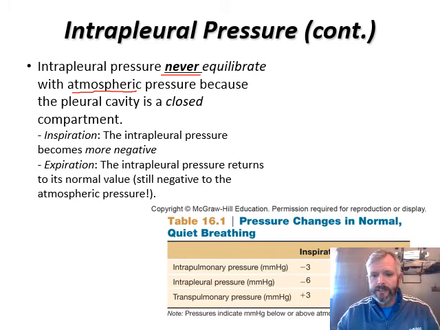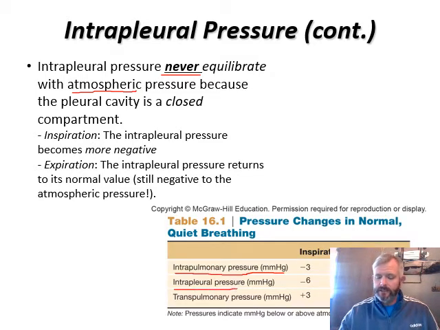But let's look at this in our intrapulmonary pressure. In inspiration, intrapulmonary means the pressure in the lungs. Right? What is the pressure in the lungs? Intrapleural is that pressure that is in between those two layers, the parietal and visceral layer of the pleural sac. And you can see when we're inspiring, this is negative, minus 3 is subatmospheric.